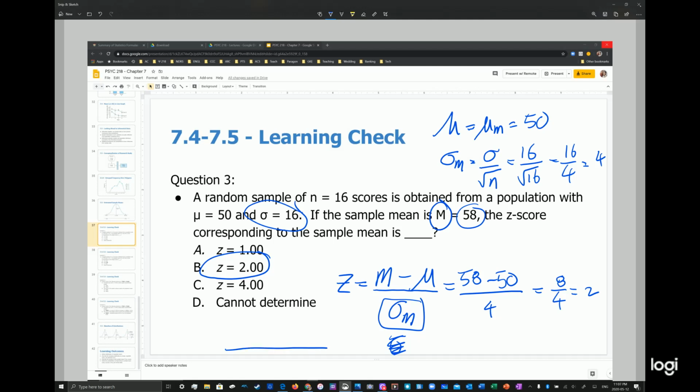So again, you have your sampling distribution of means, and this is your mean of means, and then it has a standard error, which we calculated as 4. So if this is 1 standard deviation, this would be 54, and then 2 standard deviations would be 58.